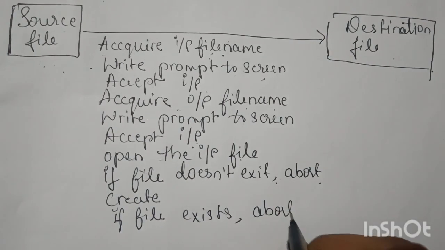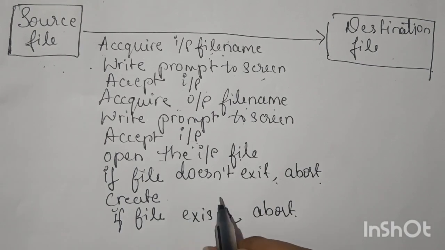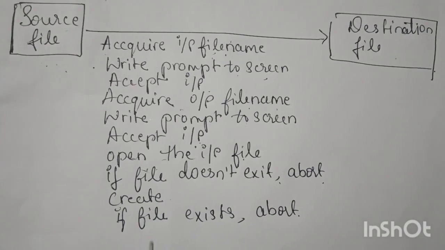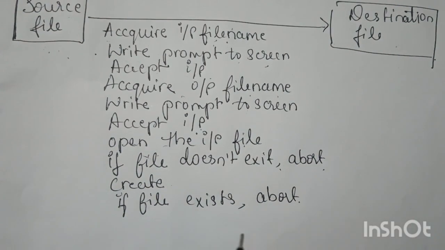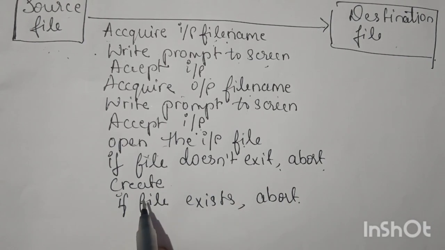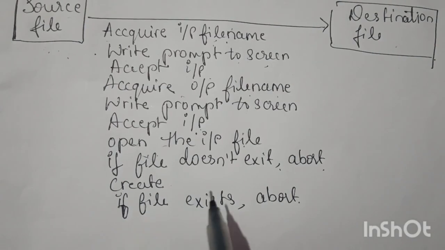Again the system call will be called, and the operating system finds a file with the same name. So again you might get a dialog box saying this file already exists, so please use some other file name.